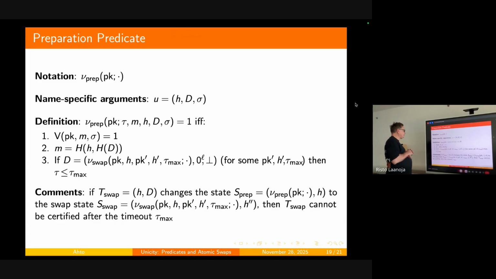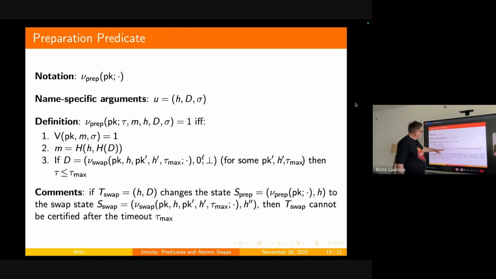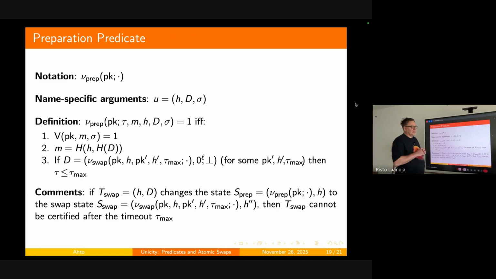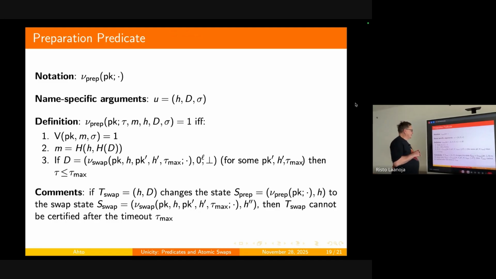So if it happens to be such type of transaction, the same public key here, the same hash here, some other parameters here, which we don't know yet.